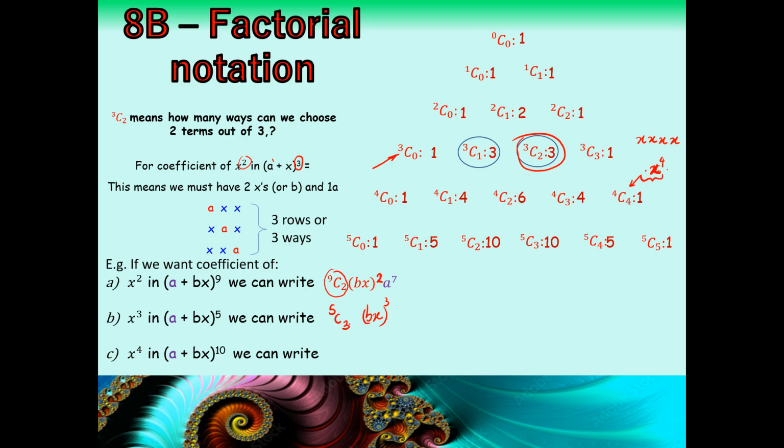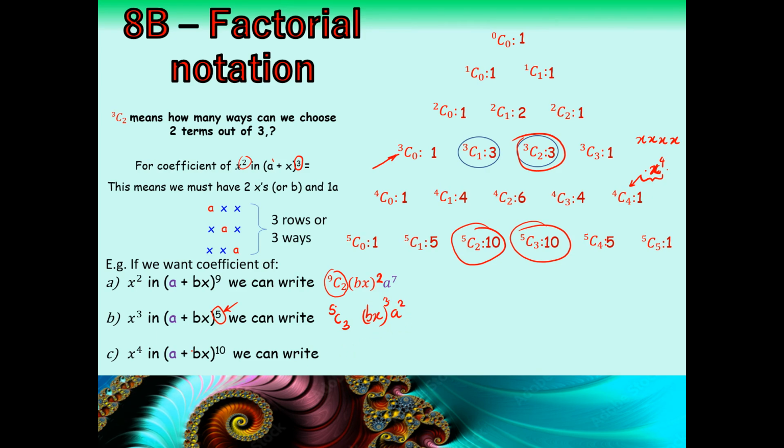They're both the same, they're symmetric on the table. 5 choose 2 and 5 choose 3 are the same number. And what's the power of a here? Well, 3 plus what will add up to 5? Remember we said all the terms have to have powers that add up to 5. So complement: 5 minus 3 is 2.